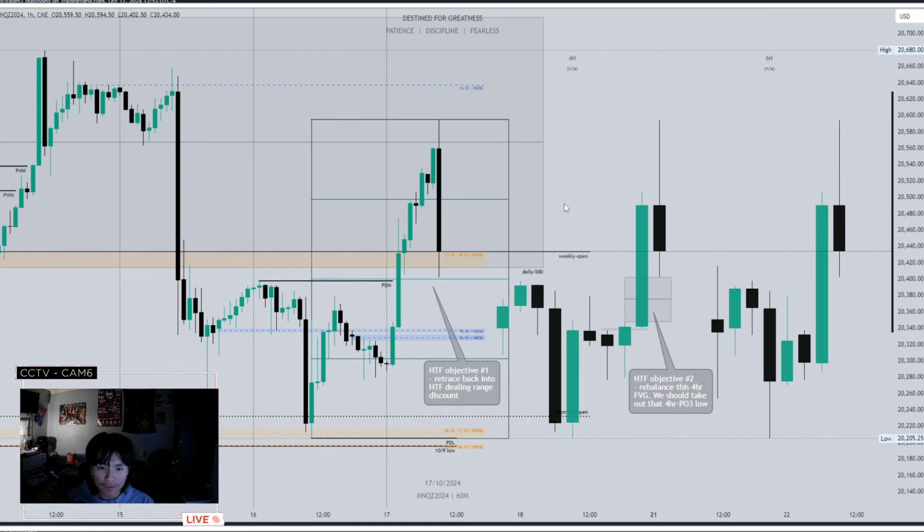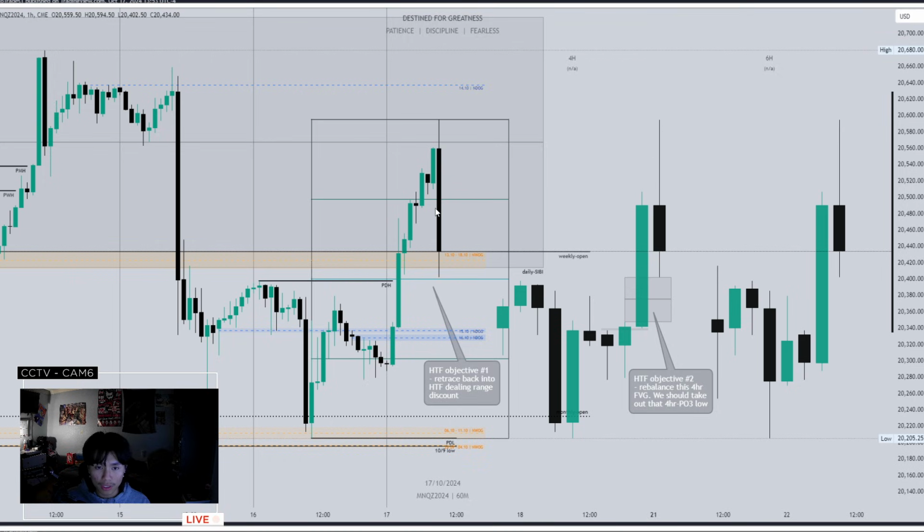So in this specific trade setup, the 4-hour time frame is suggesting for us to continue lower. And why else should we be continuing lower after taking out the 4-hour low? To retrace back into the discount of the 4-hour dealing range. So now that I have a higher time frame objective, I just have to find a model. And my model here is going to be on the hourly time frame, right?